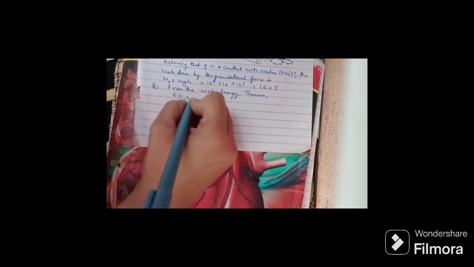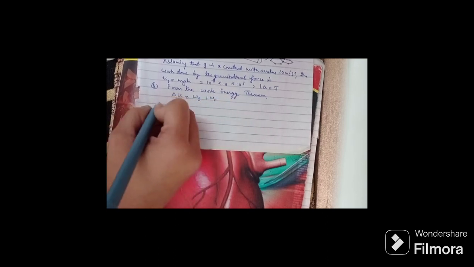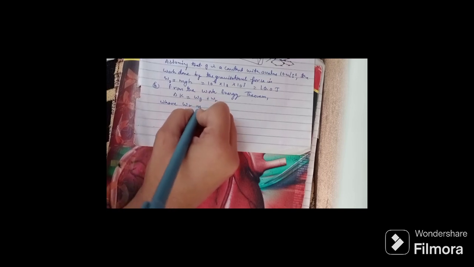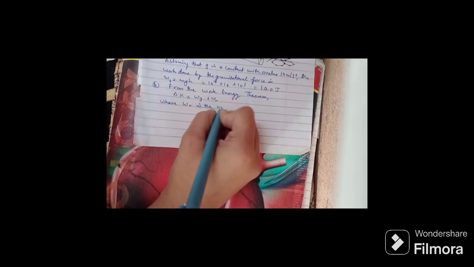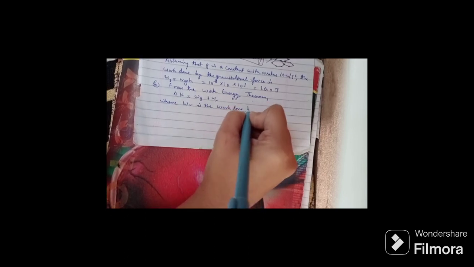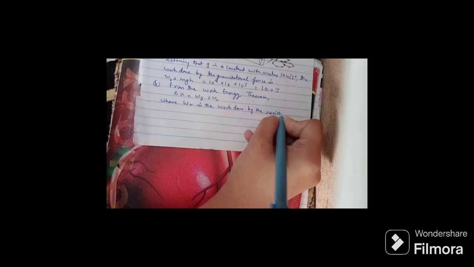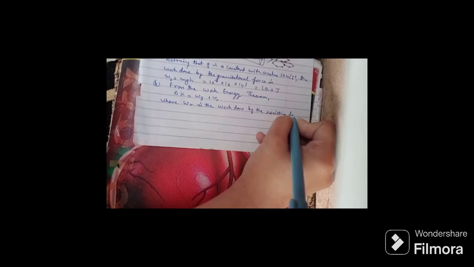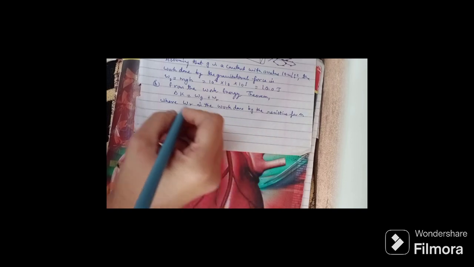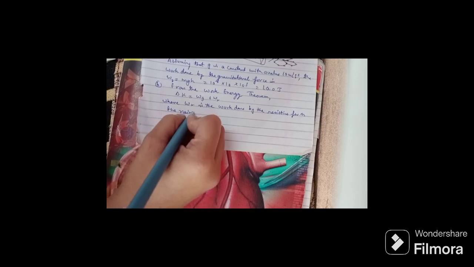Delta K equals Wg plus Wr, where Wr is the work done by the resistive force on the raindrop.